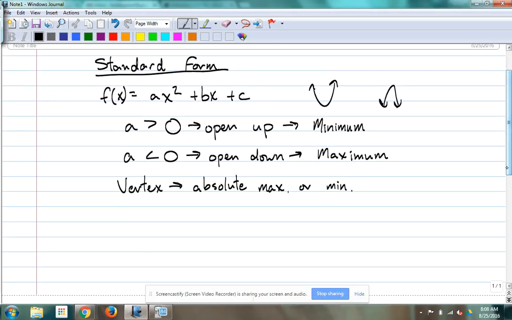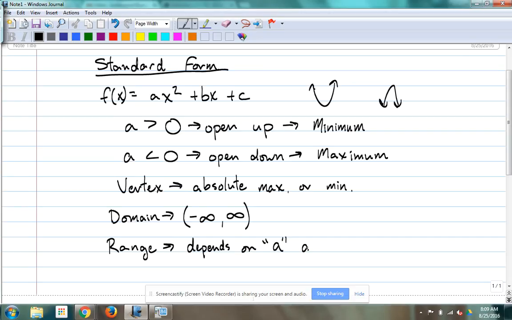While we're talking about it, it's a function. So one of the things we talk about with every type of function we've done is domain and range. The domain is negative infinity to positive infinity every time. Your range is dependent on a and the y value of the vertex.